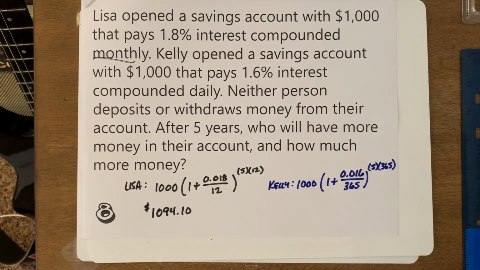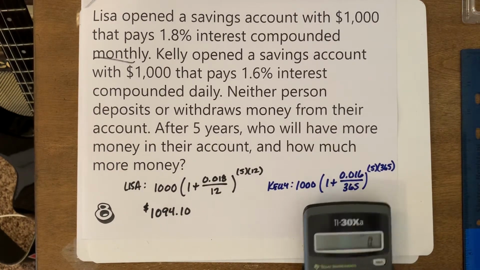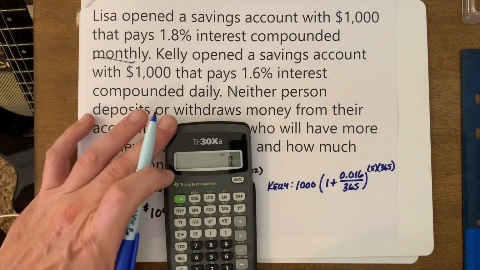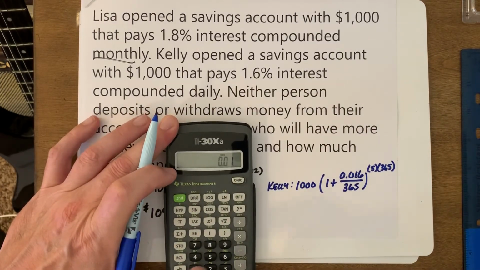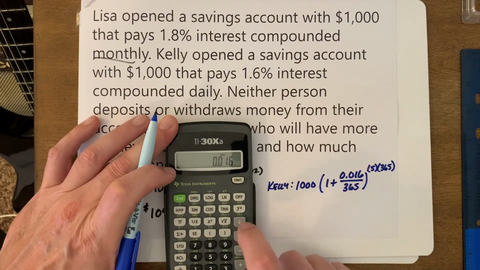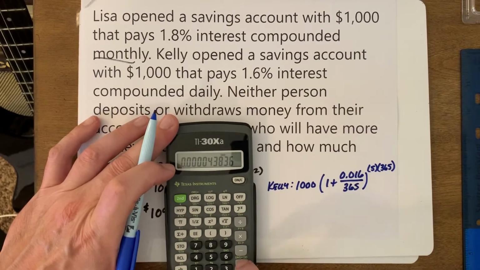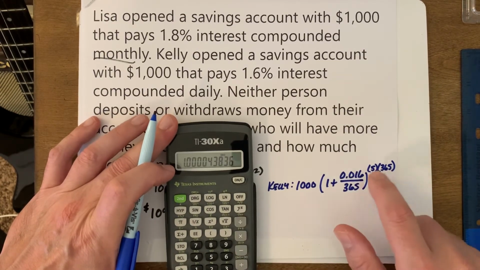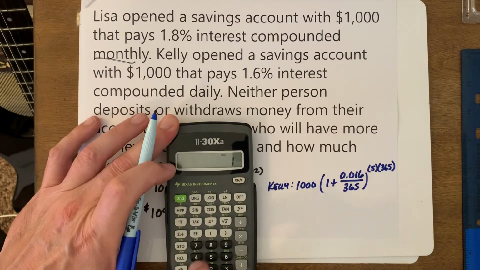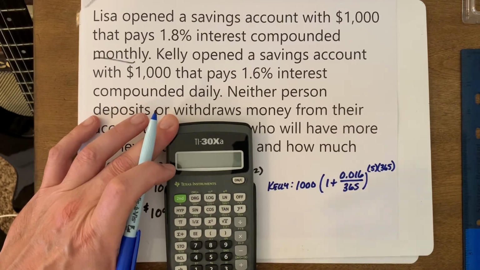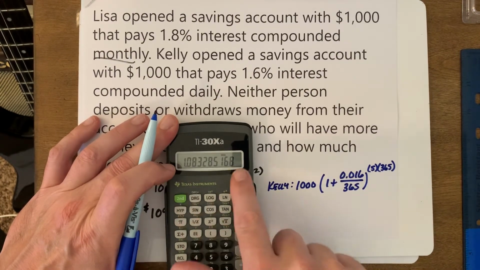So let's see how much money she's going to get. We've got 0.016 divided by 365. And look, that's a really small number, plus 1. But we're going to raise that now to 365 times 5, which is 1825, a huge number. And really our decimal isn't that big.